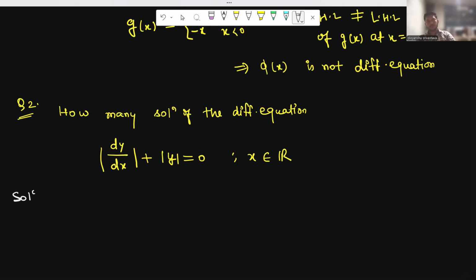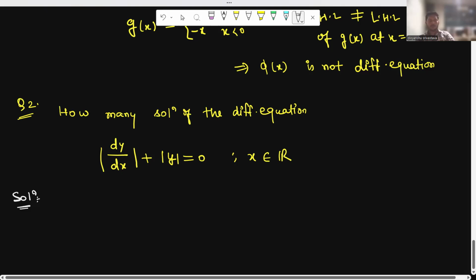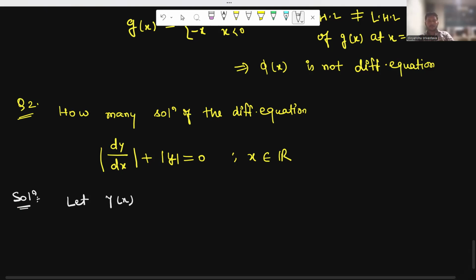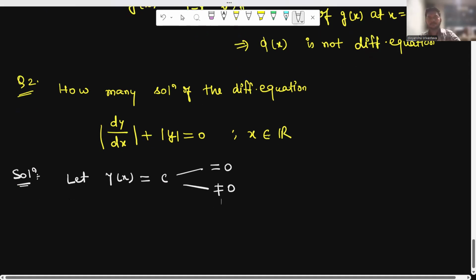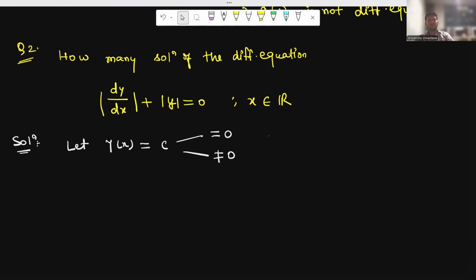So your solution part is, let y(x) which is equal to c, and first go for 0 and second not equal to 0. Okay. If c is not equal to 0, then you may say that y(x) is equal to c. Okay.